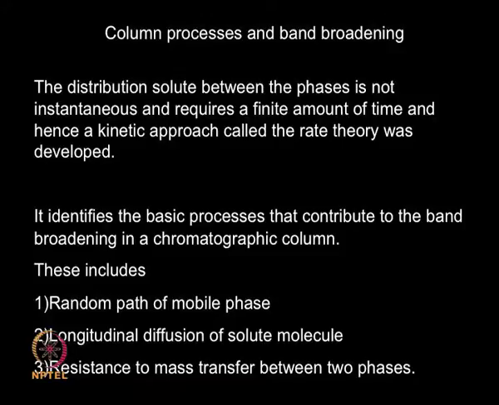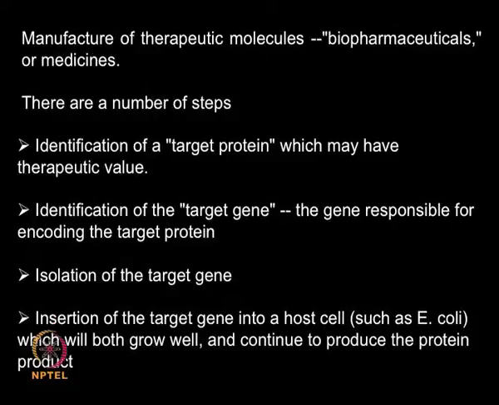These processes need to be considered when you are giving a finite time for the solute to get distributed between the stationary and the mobile phase, because the solute has to travel in a random path through the mobile phase. Then there is a longitudinal diffusion of the solute molecules, then there is resistance to mass transfer between these two phases. So all these factors come into picture, hence there is a finite time for it to get distributed, as well as there is a broadening of the peak as it travels from the entrance of the column to the exit of the column.